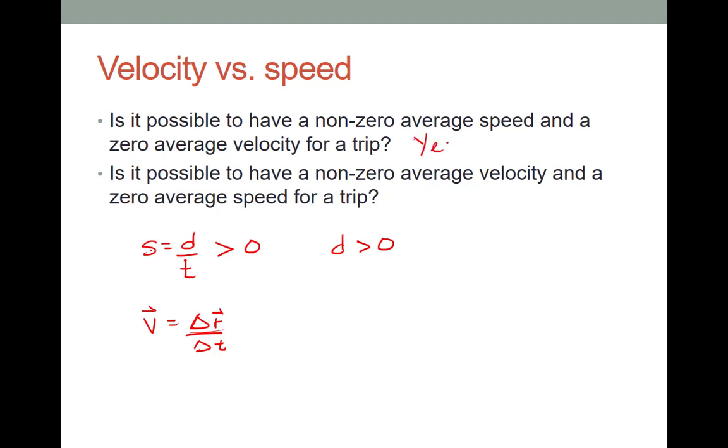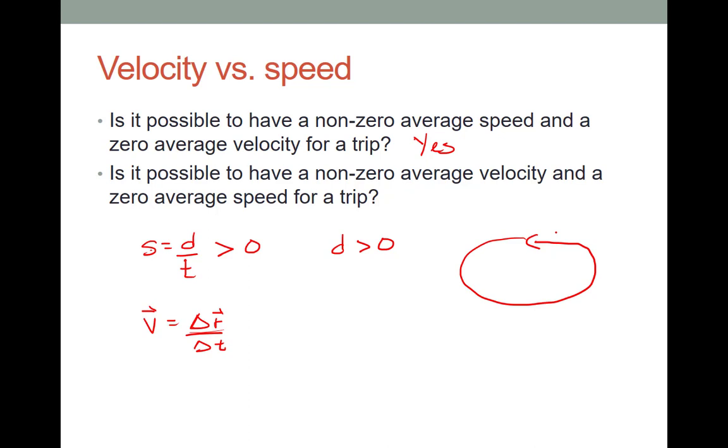A good example of this is, again, doing one round trip. I have traveled a distance. I went around the entire oval. But since I'm starting and stopping at the same spot, my average velocity, my change in position divided by time, equals 0, and therefore the first question has an answer of yes.